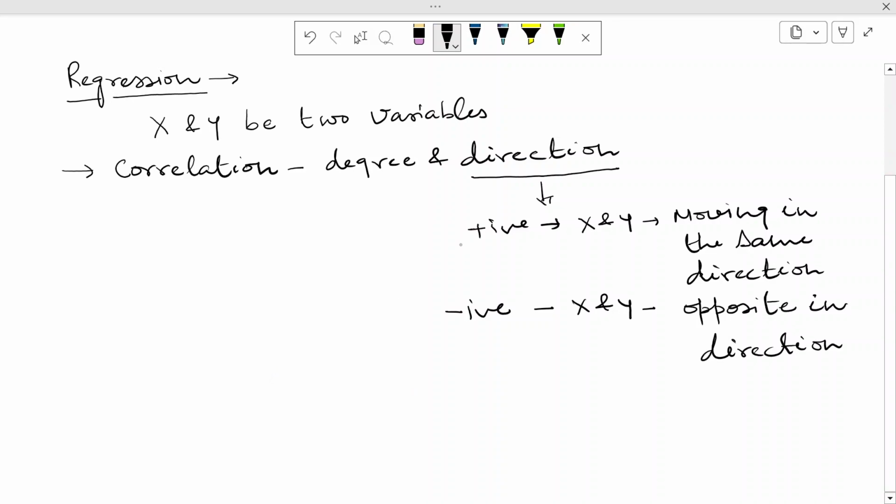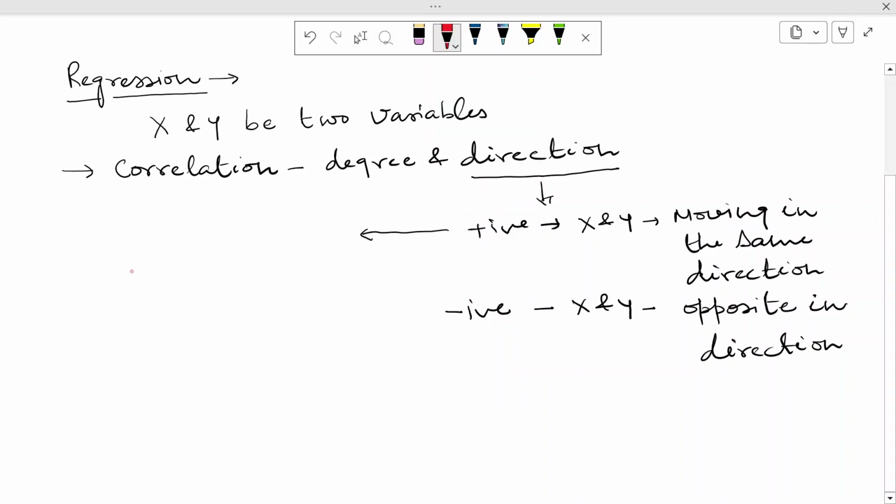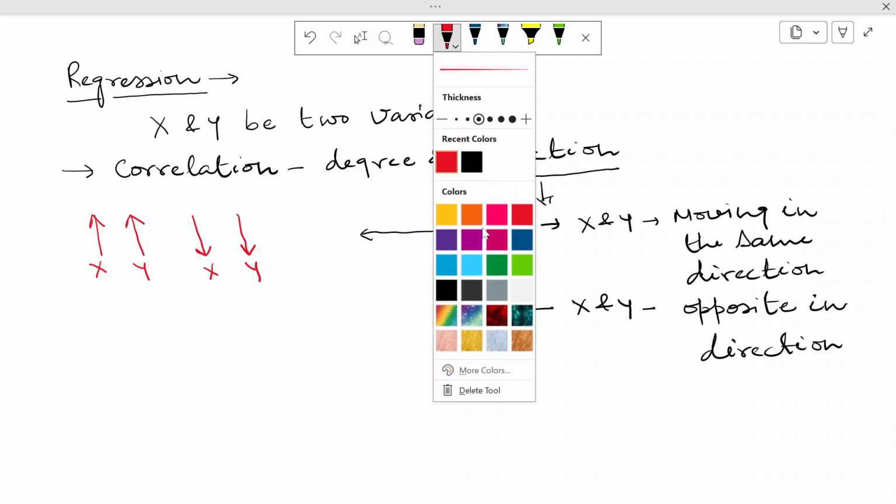Okay, so if you want to look at this positive and negative correlation, in case of positive relation, if you are increasing the value of x, then y will also increase, and if you are decreasing the value of x, then y will also decrease.